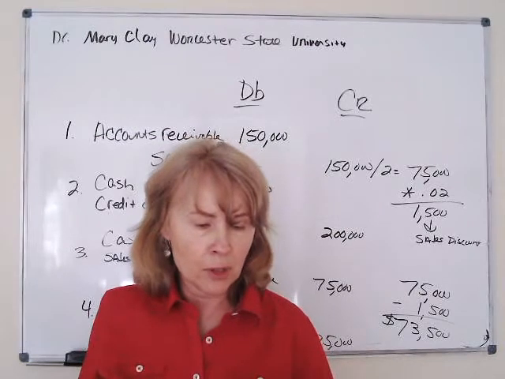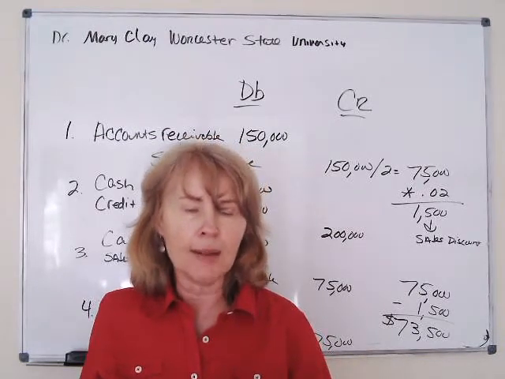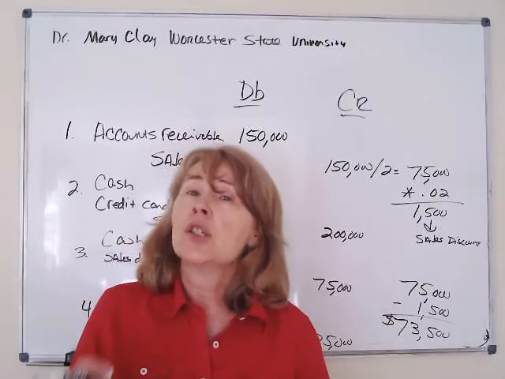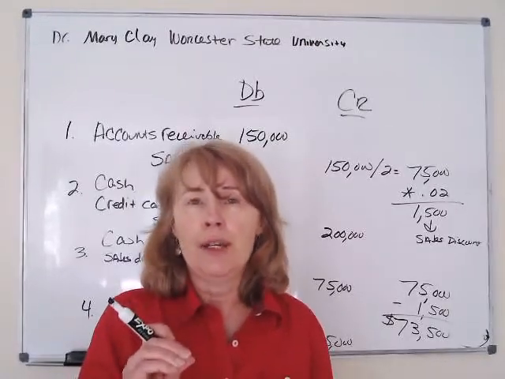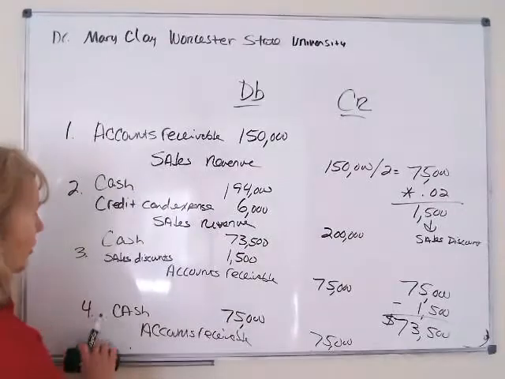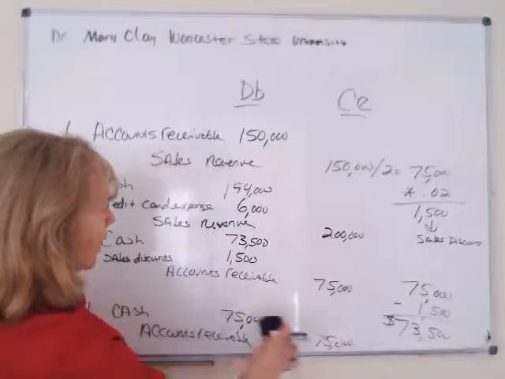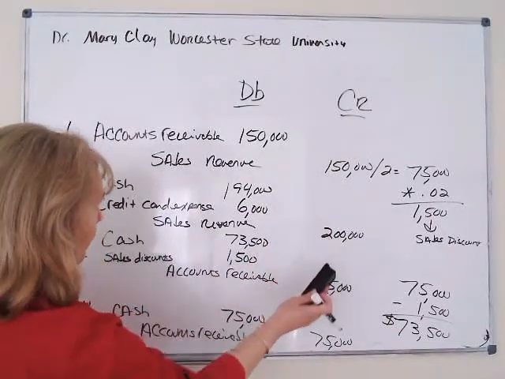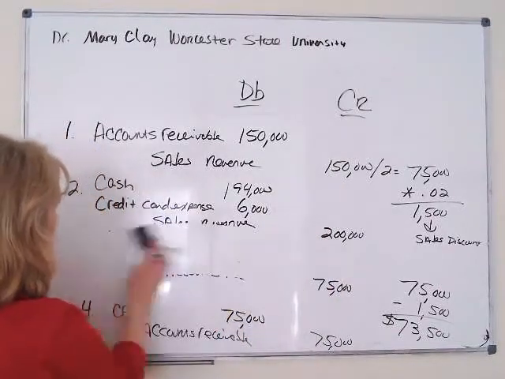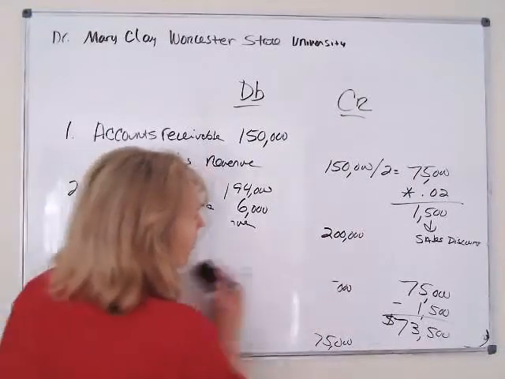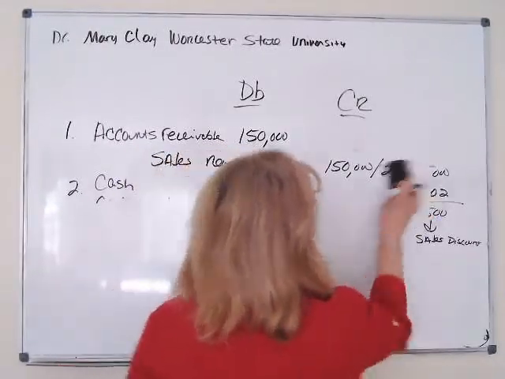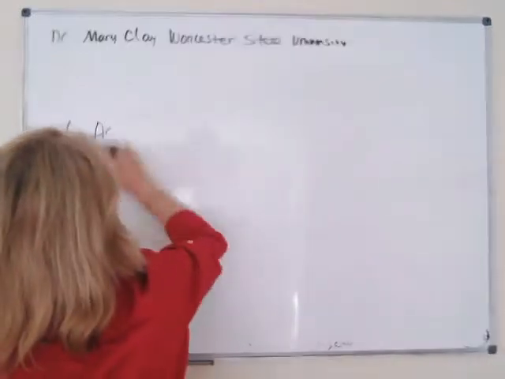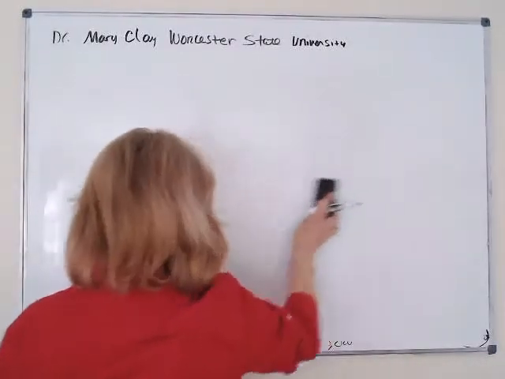Here's what it says on number 2. Number 2, calculate the net sales for the month. So this question is only looking for net sales. So I'm going to erase. And everybody remember these numbers, all right? Remember the sales revenue. Remember sales discounts. I'm not telling all the other accounts. So let me erase. Why not?